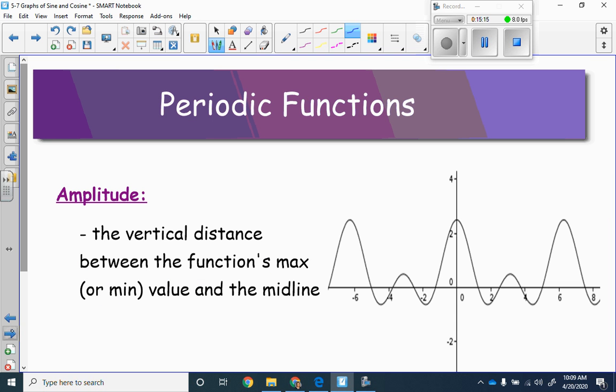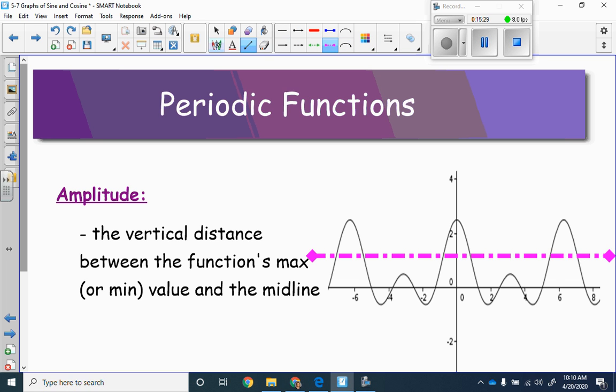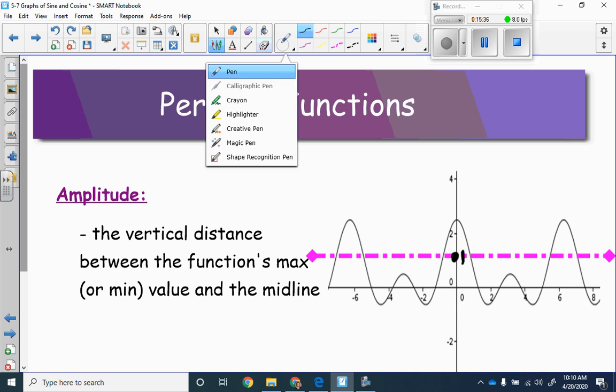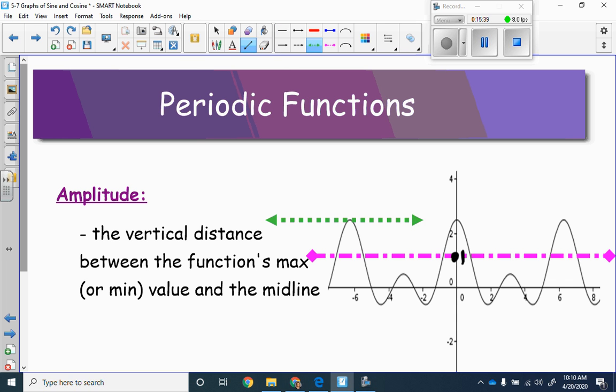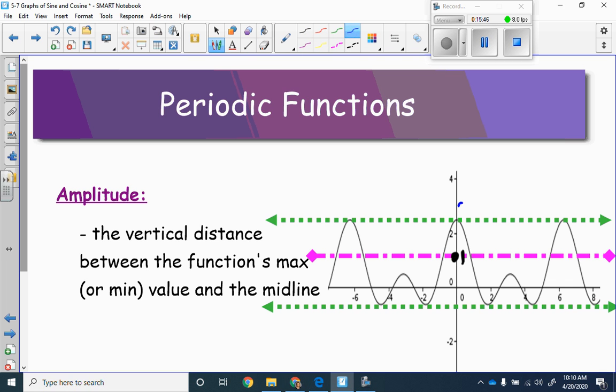And then the next part here is the amplitude. The amplitude is the vertical distance between the function's maximum or minimum value and the midline. We just found our midline, and we know that our midline was at positive 1. I came to a consensus that our maximum was at 2.5 and our minimum was at negative 0.5.